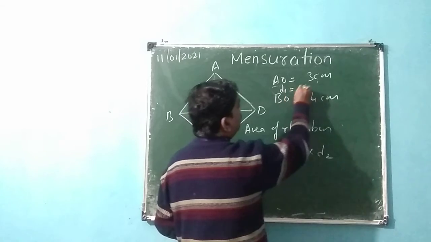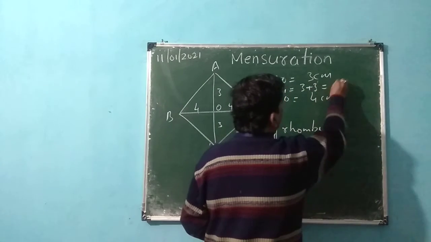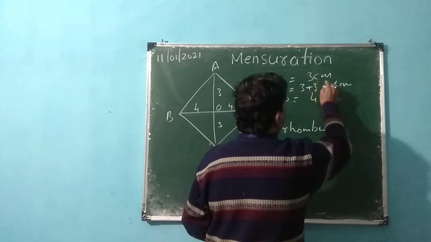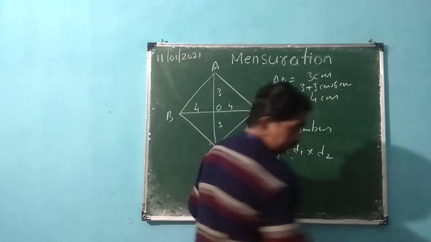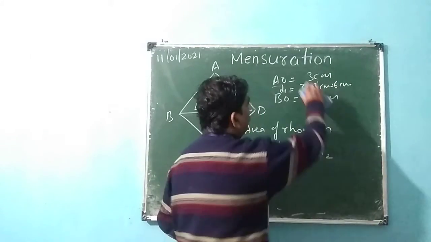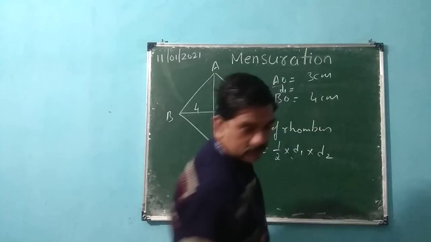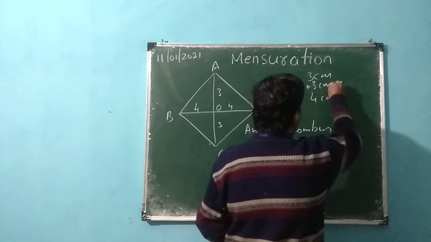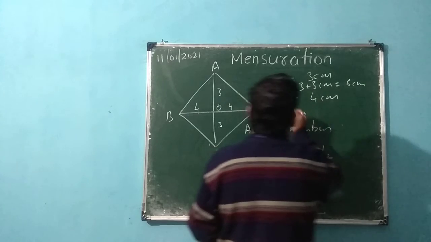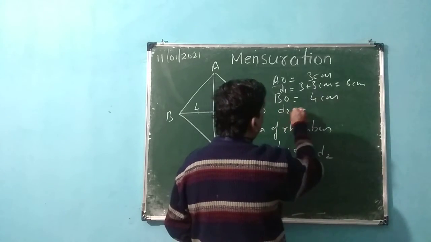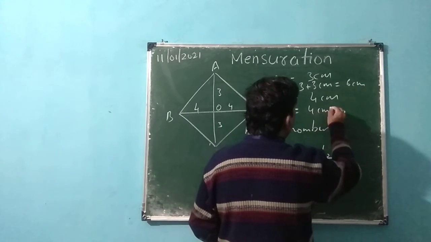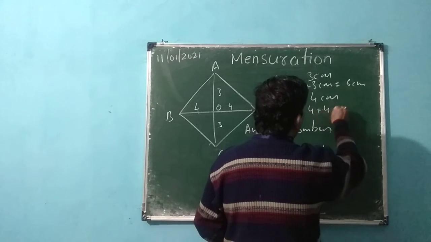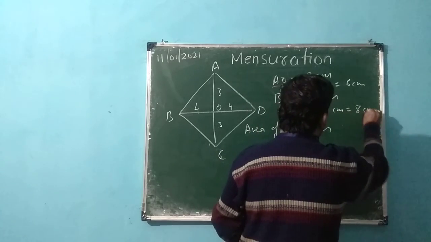So D1 will be 3 plus 3, that is equal to 6 centimeter, and D2 will be 4 plus 4 centimeter, that is 8 centimeter.